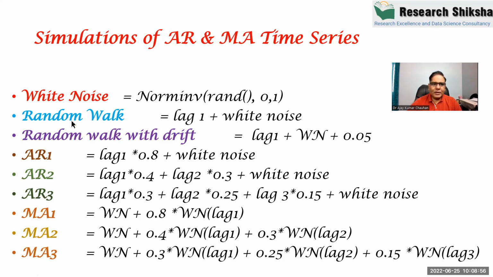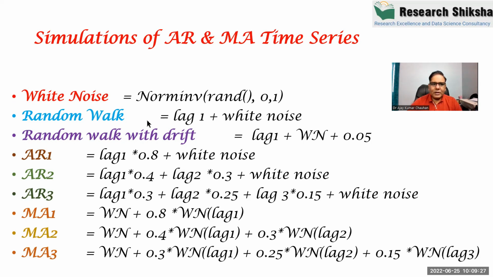This is a white noise. White noise, you know, is a series which has zero mean, constant variance, random behavior. So a random series with zero mean and one standard deviation is a white noise. The definition of white noise is any stationary series with zero mean and constant variance. So we develop the white noise by this function.